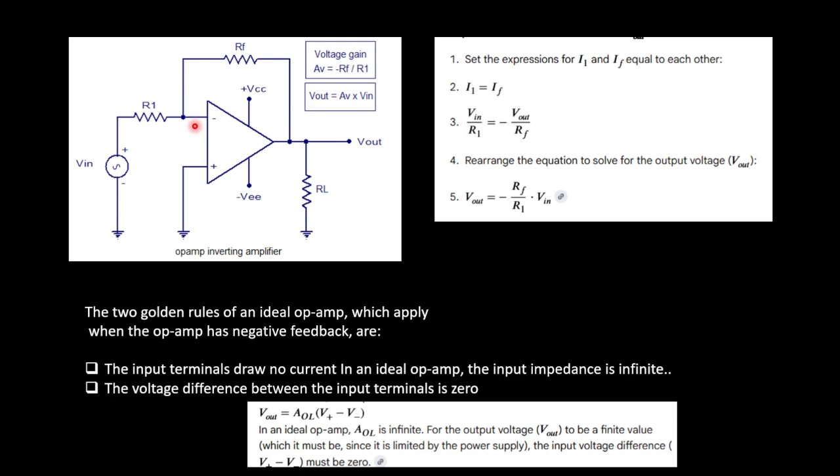We can rearrange this equation, and we get minus RF by R1 into V input. That's why we get the equation, and that's why we can change your resistors to get your desired amplification using this circuit. So we'll try to implement this in LTspice and see how the signal is amplified.